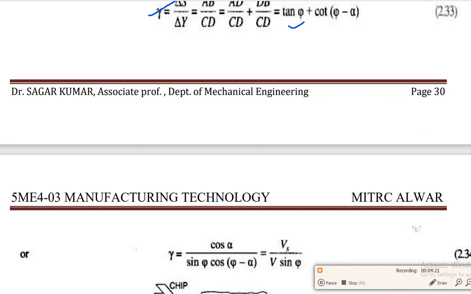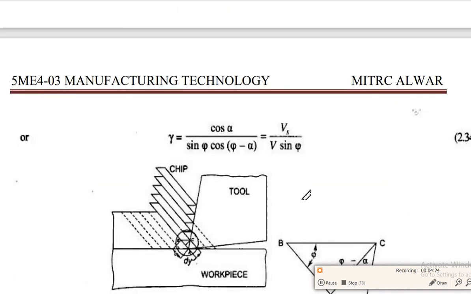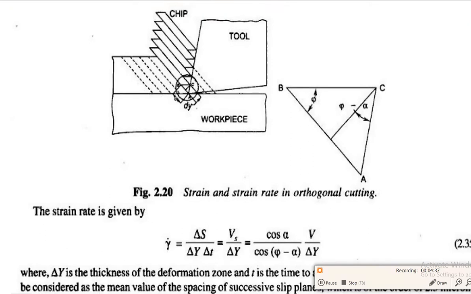After that, gamma is equal to cos alpha by sin phi into cos(phi minus alpha), which is equal to Vs by V sin phi. This figure shows the strain and strain rate in orthogonal cutting, where the workpiece, tool and chips are moving, making a triangle A, B, and C, where angle B is phi and angle C is phi minus alpha.